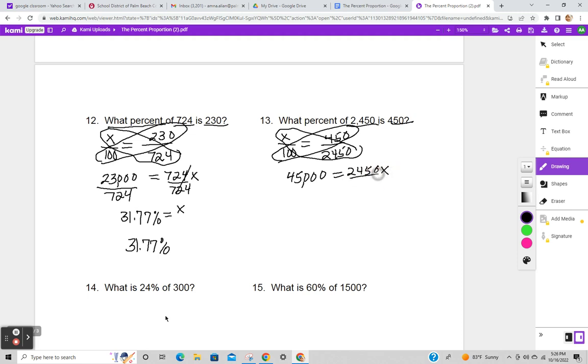We'll divide both sides by 2,450 to solve for x. And x equals 18.75%. I'll write it right here, 18.75%.